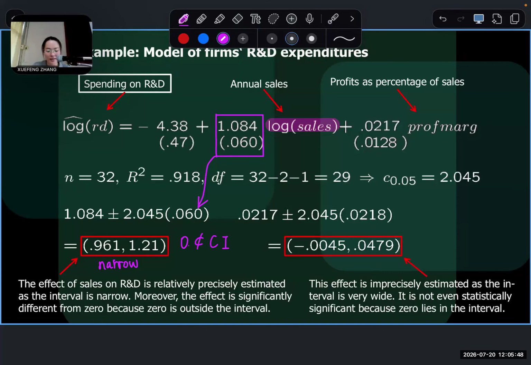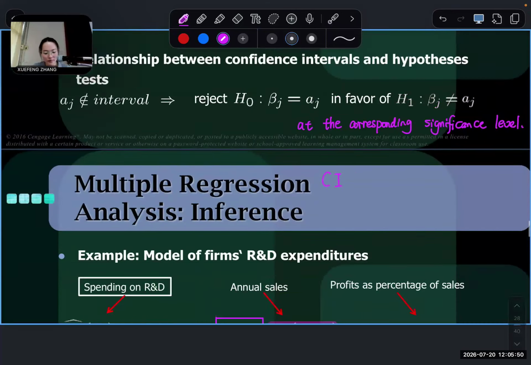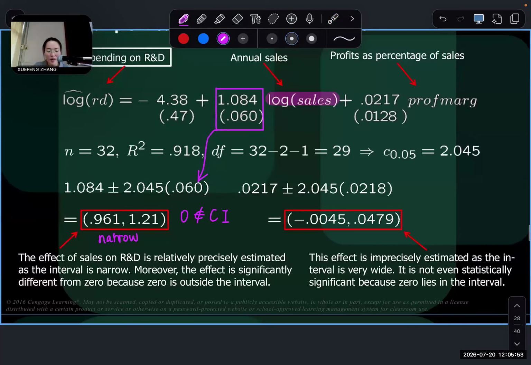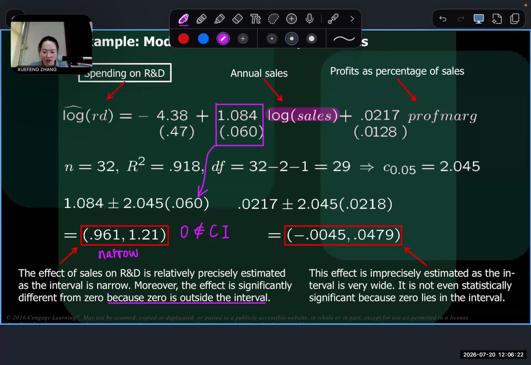So I'll write down 0. 0 falls outside of this interval, okay? Which means the effect of sales on R&D is relatively precisely estimated as the interval is narrow, right? Moreover, the effect is significantly different from 0 because 0 is outside the interval. Next one, how about profits as percentage of sales?